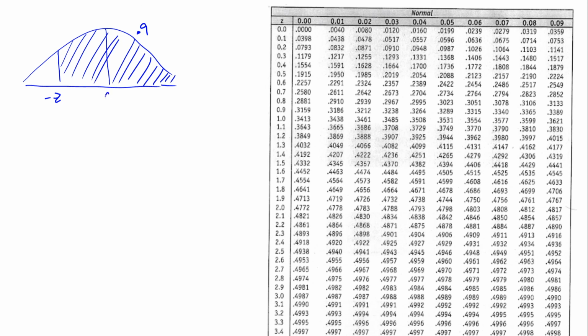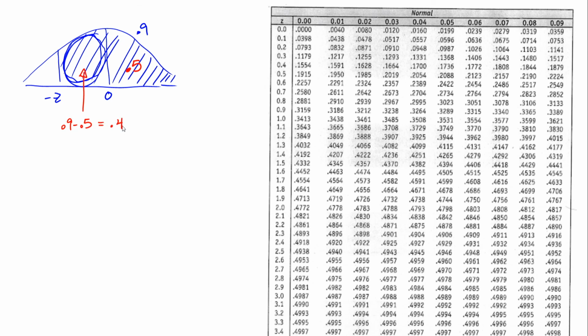Again, we need to find a section of area between 0 and either a positive or negative z-score, again, because the curve is symmetrical. So we want to find the area in this piece over here. So now we have to keep in mind that each half of the curve is 0.5. So this piece has an area of 0.5. We can use that fact to determine this piece has an area of 0.9 minus 0.5, which is equal to 0.4.